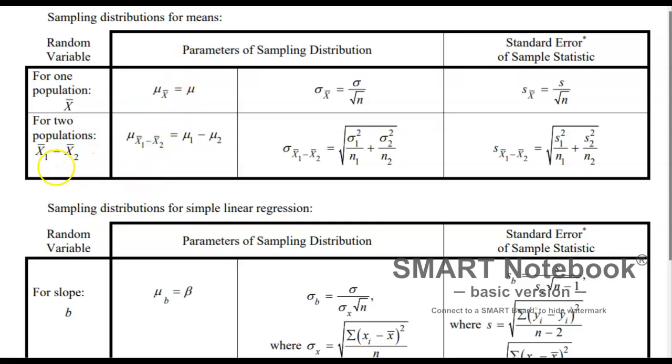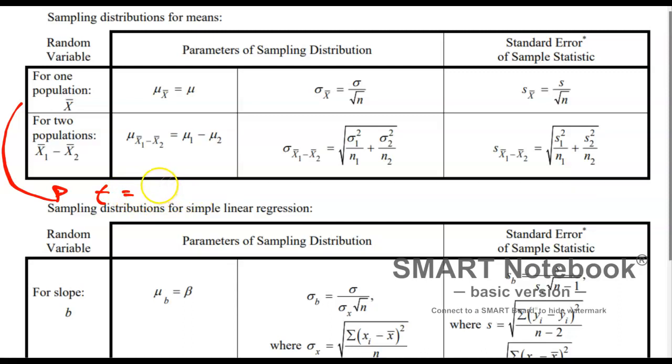So again, we've got one population, two population, or one sample, two sample, when we're regarding the mean. Something I'll really highlight: since we're dealing with means, we're going to be working with t as opposed to z.